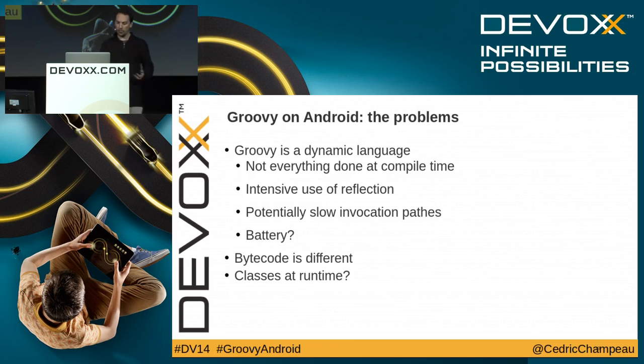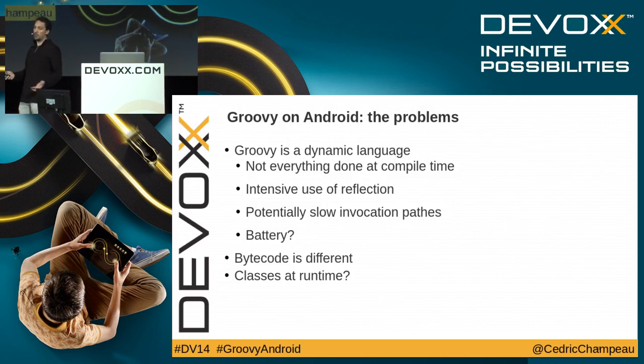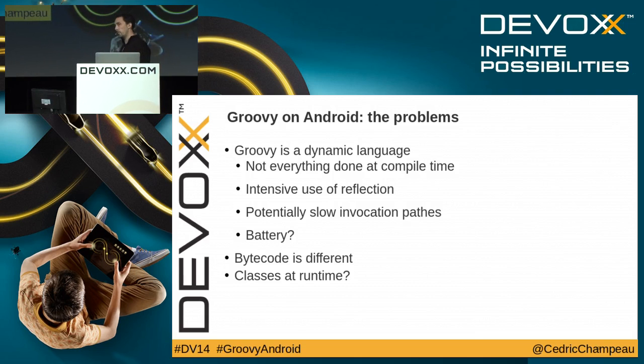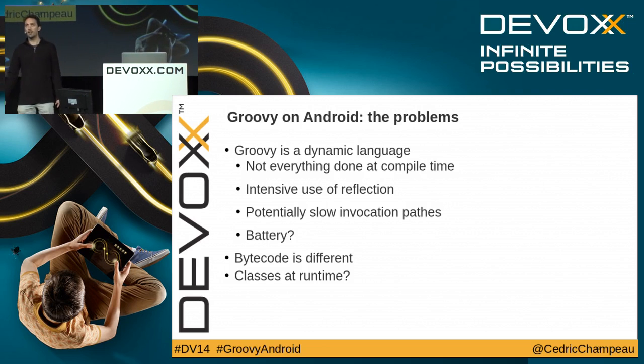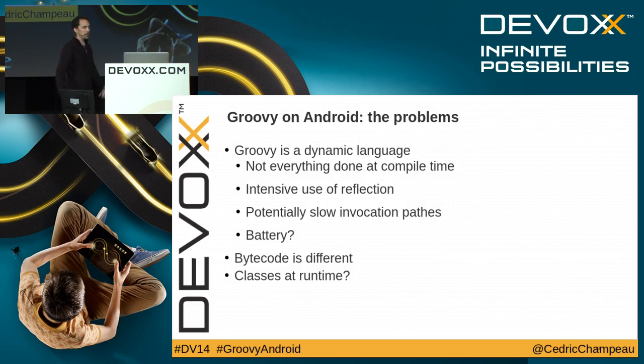Right, so this was just an introduction, but before going to that, there are a lot of problems that we had to solve in Groovy. For those of you who know Groovy, the first thing that you might think is, how is it possible? Because Groovy is a dynamic language. A dynamic language means that not everything is done at compile time. In Java, when you compile a file, everything is resolved at compile time.